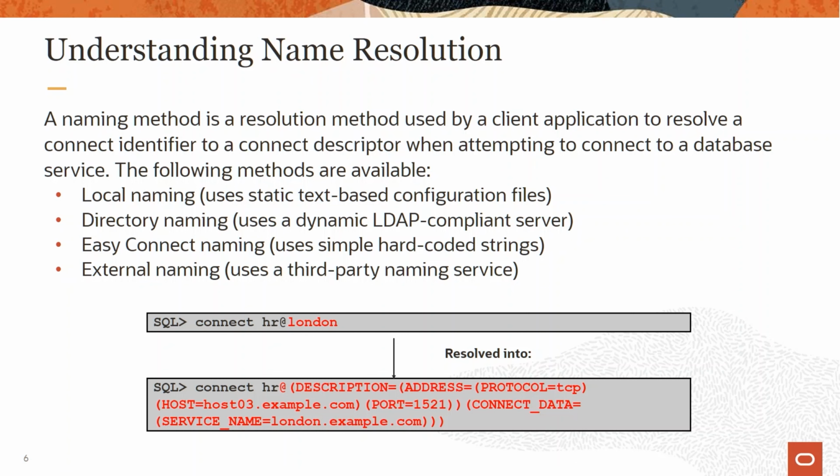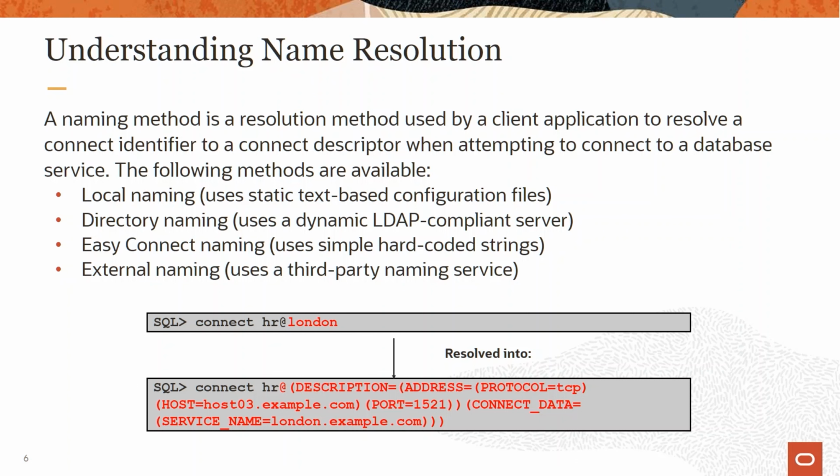Now, these four items can be shared and provided by going through the local naming method, meaning that we use a static text-based configuration file. That's the tnsnames.ora file. Its default location is the Oracle Home network admin directory. And also, we can use a centralized naming service, directory naming service. And also, you can use a simple hard-coded string.